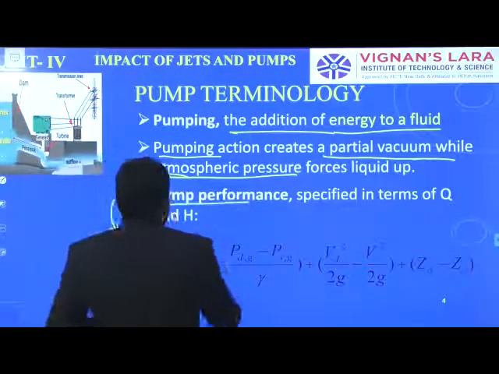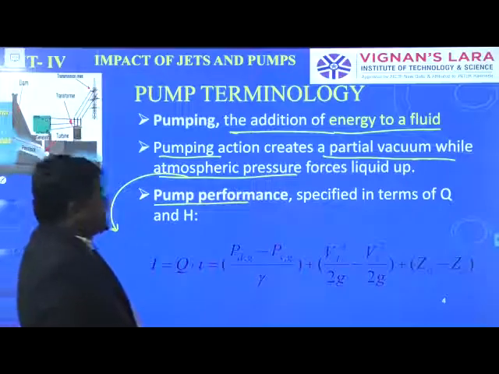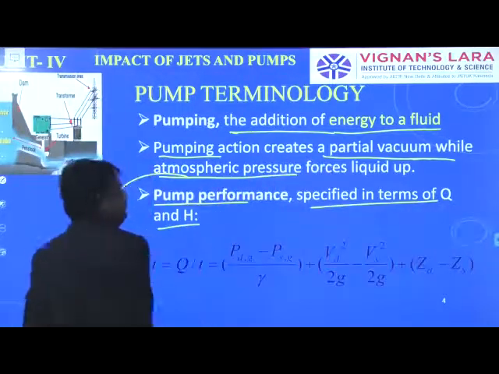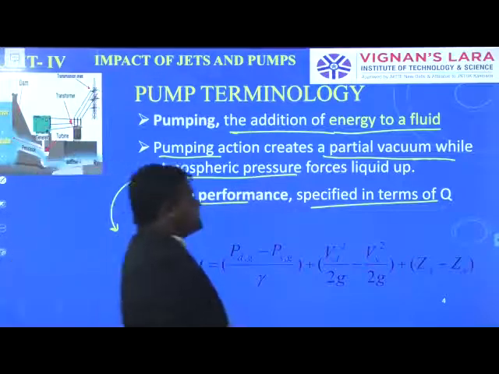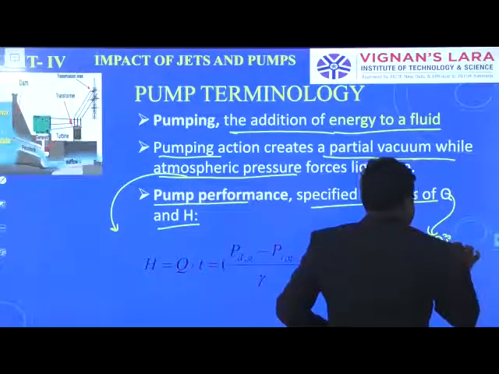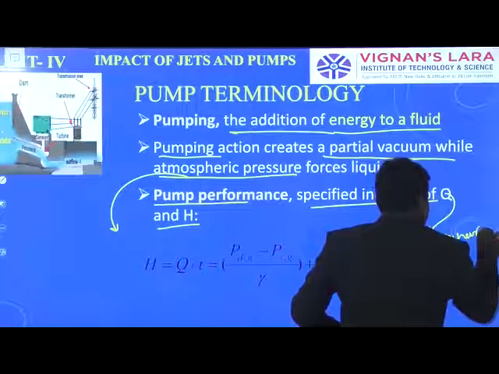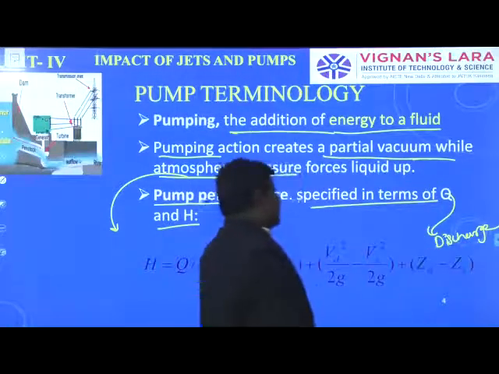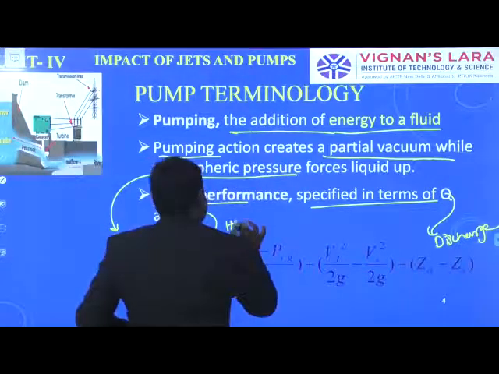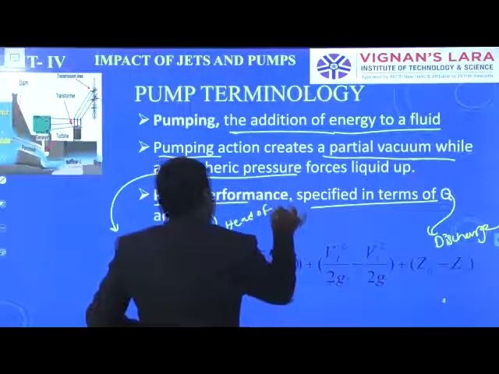So the pump performance is specified in terms of Q and H. Q is nothing but the discharge, and H is nothing but the head of the water.